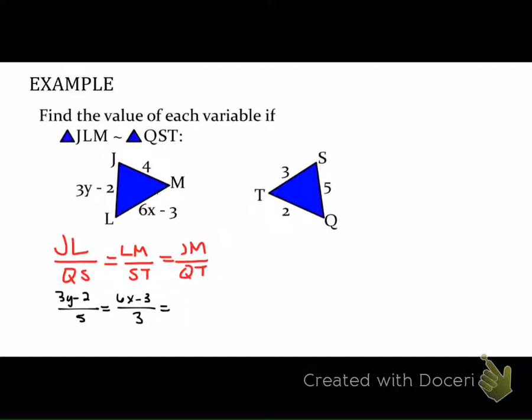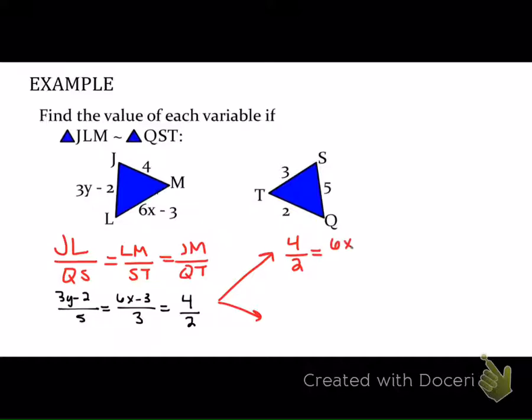JM is 4, and QT is 2. Okay, so you'll notice we have two variables again, so we're going to have to split into two equations again. Which ratio are you going to have to use in both of them? 4 over 2, because it has two numbers in it and doesn't have a variable in it.